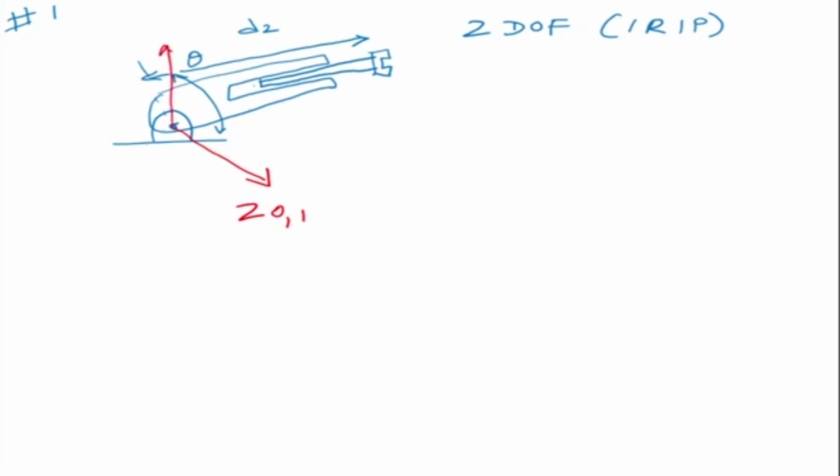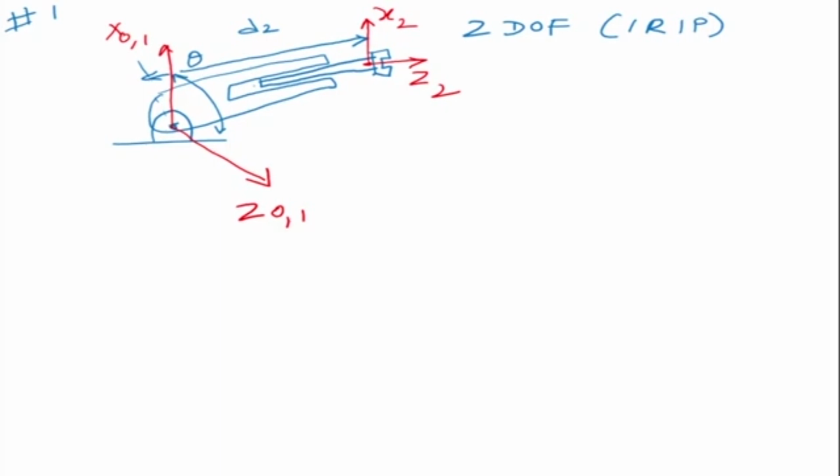Now X0 and X1 is there. For the second joint, this is my Z2 and this is my X2. Here we need to be a little careful because we have a prismatic joint. Now we have written our DH parameter table.